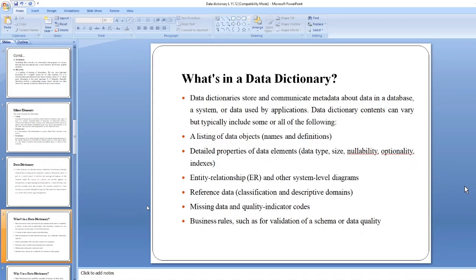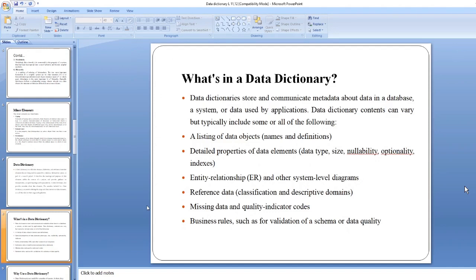Information about data, like an index of data, is called metadata: data which has information about other data. So data dictionaries store and communicate metadata about data in a database, a system, or data used by applications. Data dictionary contents can vary, but typically include some of the following.